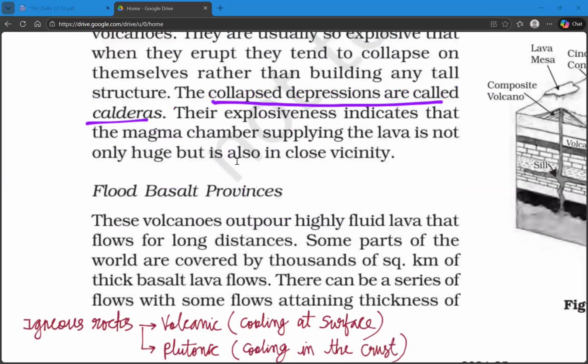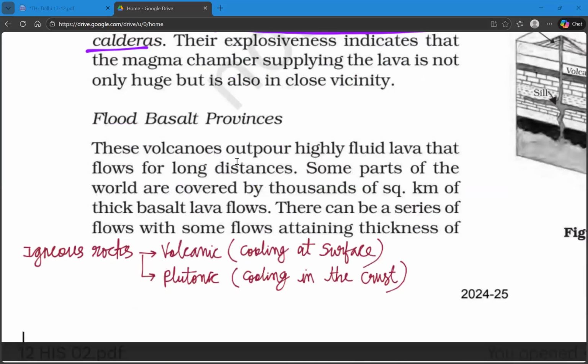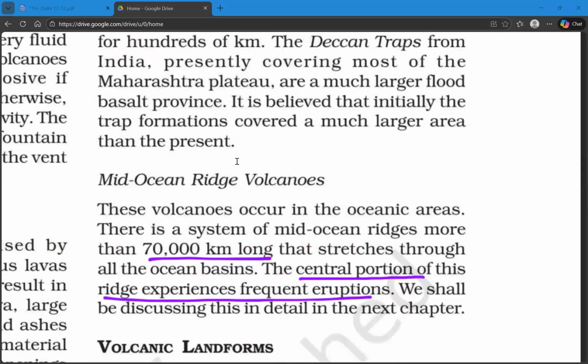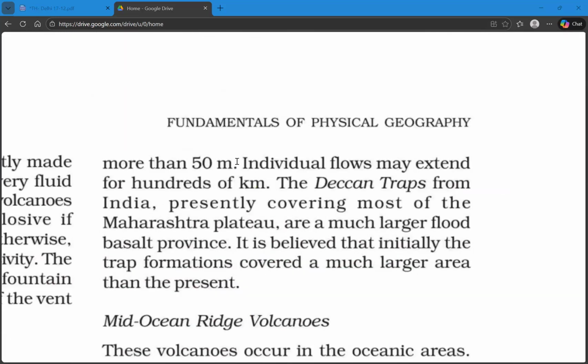And the next one we have is flood basalt provinces. These volcanoes outpour highly fluid lava that flows for longer distances. Some parts of the world are covered by thousands of square kilometers of thick basalt lava flows. There can be a series of flows, with some flows attaining thickness of more than 50 meters.